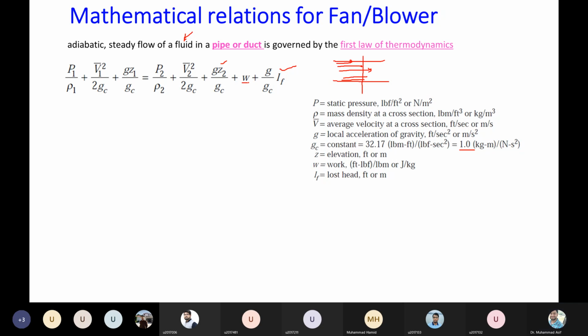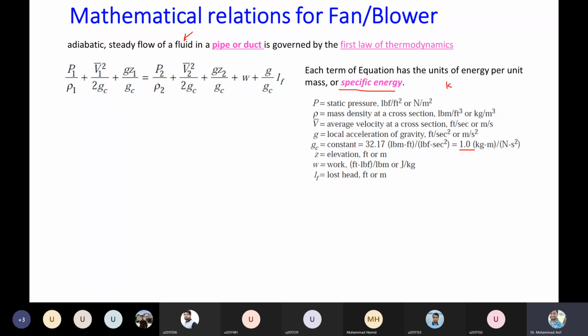If you look carefully at this equation, each term in that equation has the unit of specific energy. And you know what the meaning of specific energy is? Specific energy means kilojoule per kg, the energy per unit mass. So the first term has a unit of specific energy, the second also. Every term in that equation has a unit of specific energy.